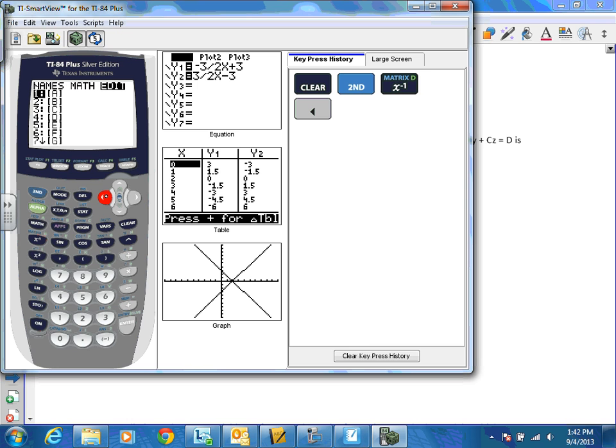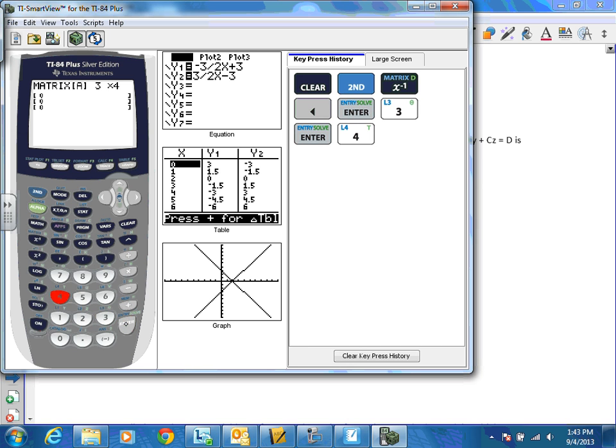So I'm going to go over to edit. How big do we need? I'm going to edit matrix A, whatever matrix you want to put it under, I don't care. We need 3 by 4. So it goes rows by columns. So we have 3 rows and 4 columns. And then put in what those values were.